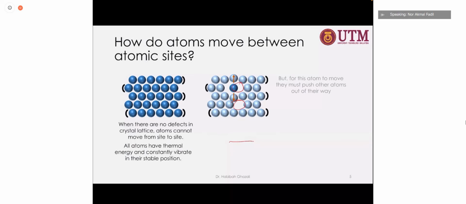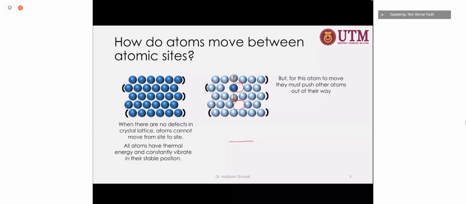So one atom moves to another position because of the presence of a vacancy. But for this atom to move from one position to another, it must push the atoms.